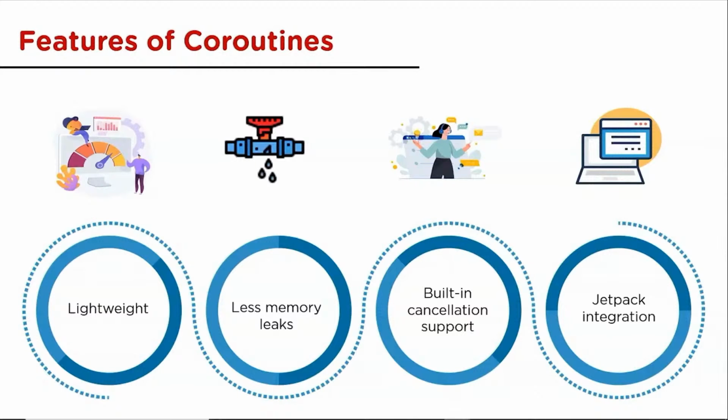Next is built-in cancellation support. Cancellation in coroutines is cooperative. In order to be cancelable, a coroutine must be cooperative. But if it is not cooperative, then it will wait for the coroutine to finish. There are two ways to make a coroutine cancelable.